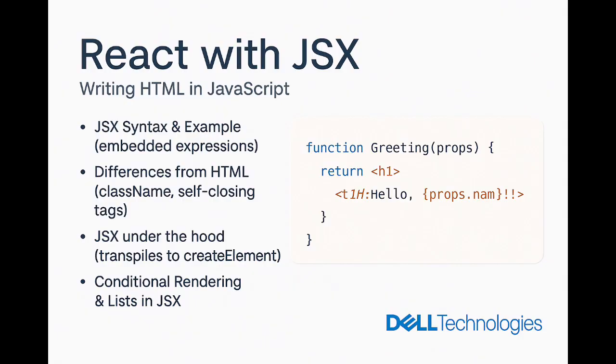Another example, in SVG or other cases, some attributes like viewBox remain camel case, even though in HTML they might not be. But React generally uses camel case for all attribute names. One more. Instead of using inline event handlers like onclick in HTML, in JSX, you use onClick, camel case, and you assign it a function, not a string.